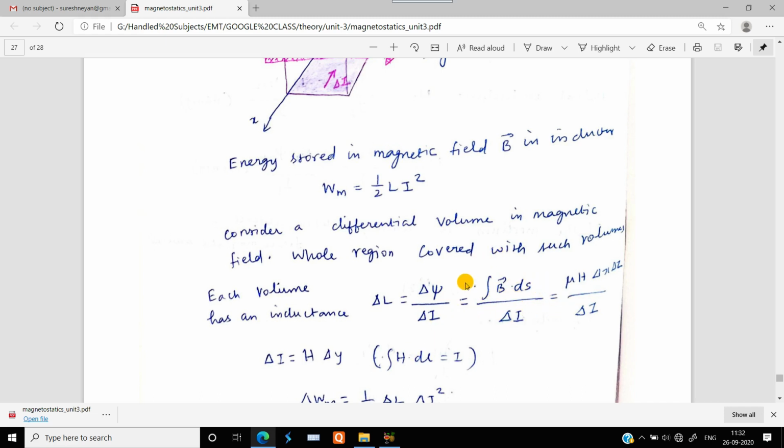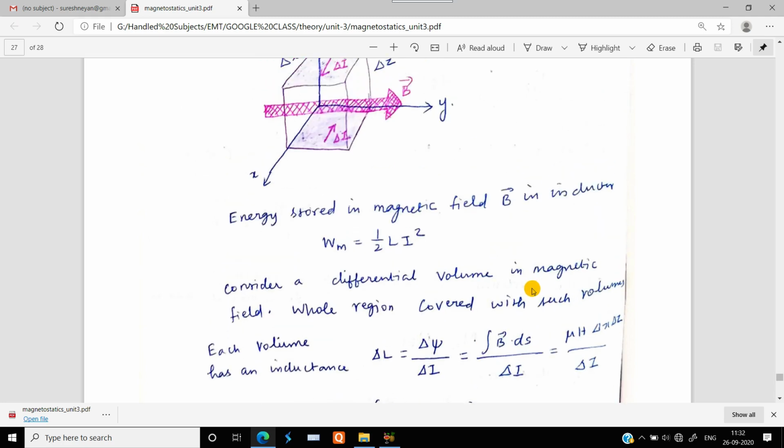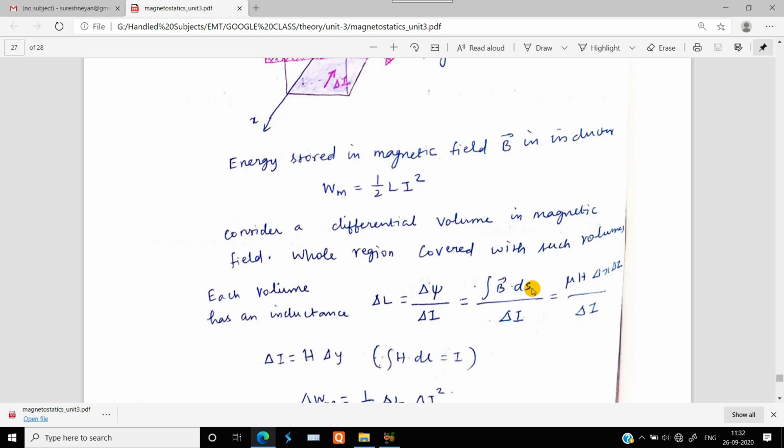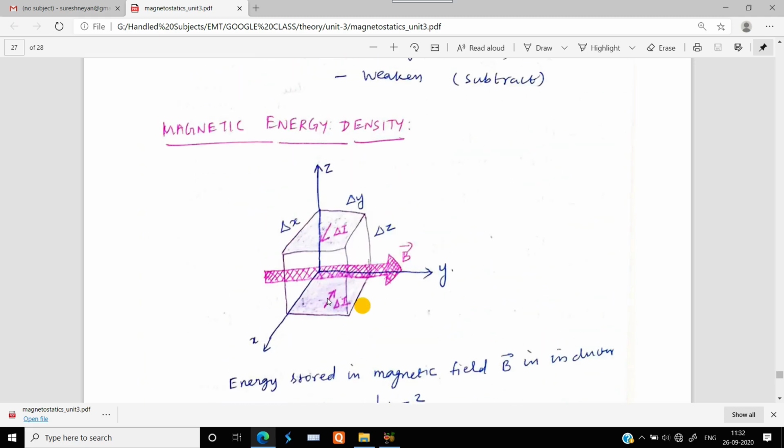Since this particular B is multiplied by the surface area, B can be represented by mu into H. So mu into H into this particular surface area, which is the surface faced by the B direction.